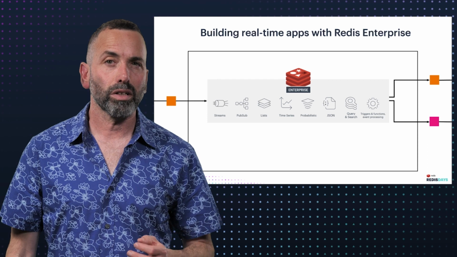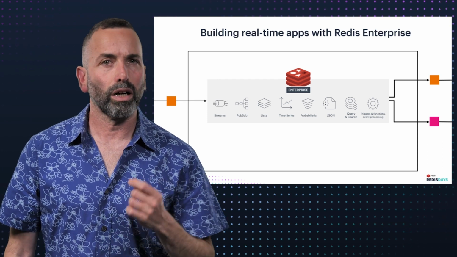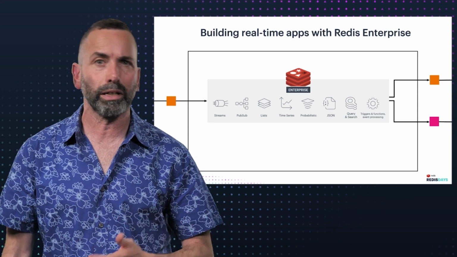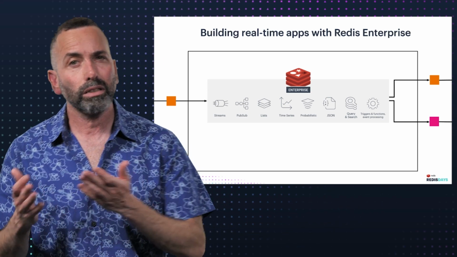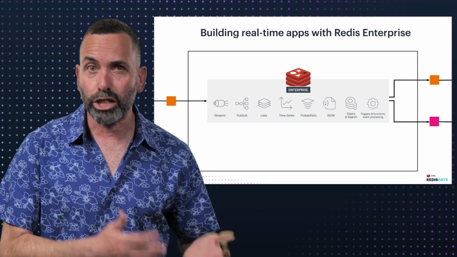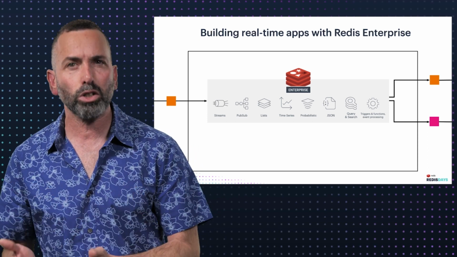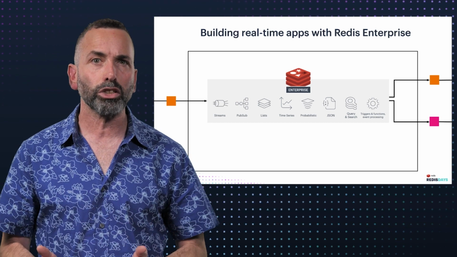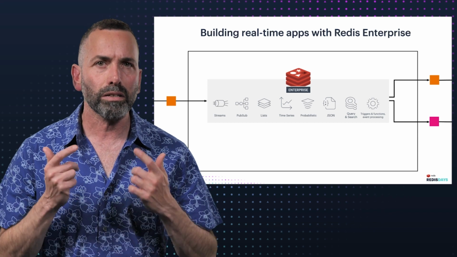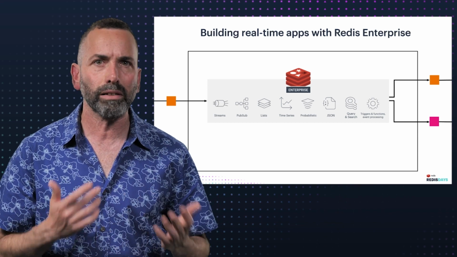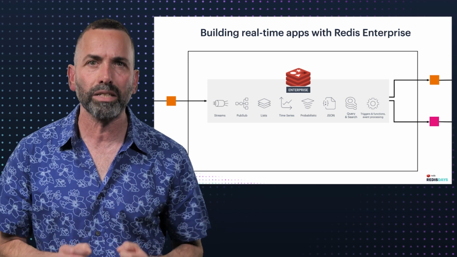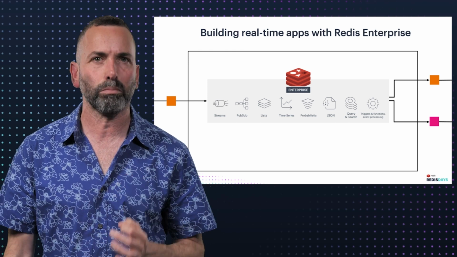With Redis Enterprise, you can use the native features of Redis, such as streams for collecting data, PubSub for distributing the data, lists for queuing, time series and probabilistic data structures for analyzing, JSON for persisting the data, search for indexing, and triggers and functions for advanced event processing. All this in a single system that doesn't need multiple experts to manage. A single system that is blazing fast and keeping it simple.